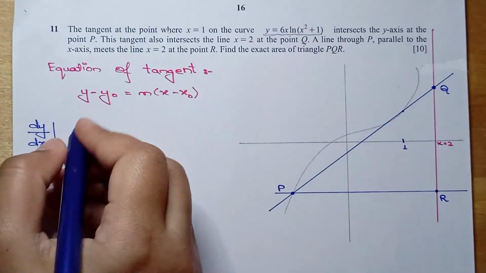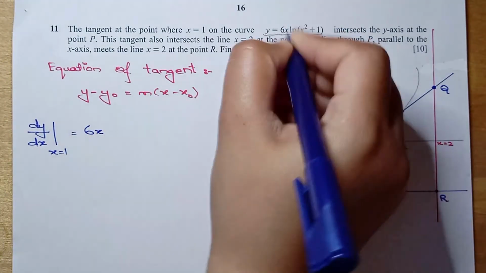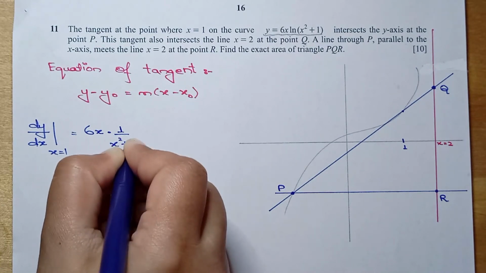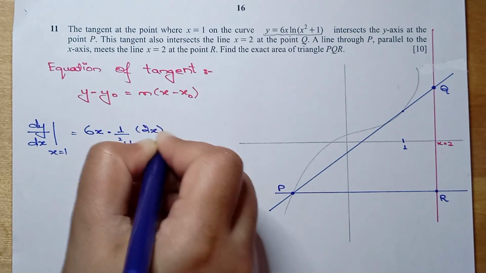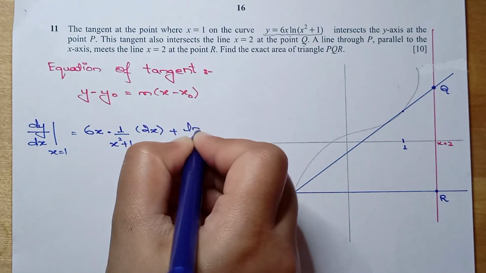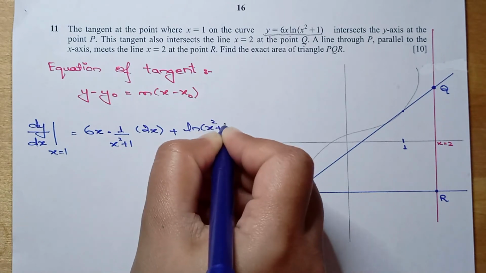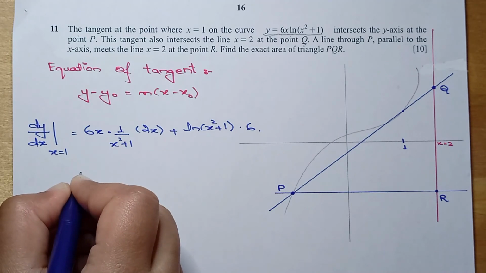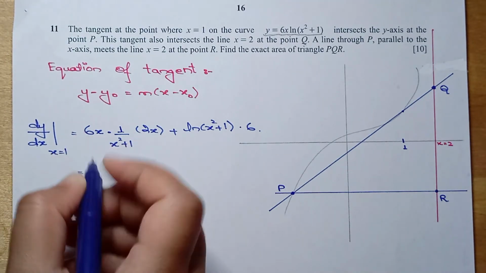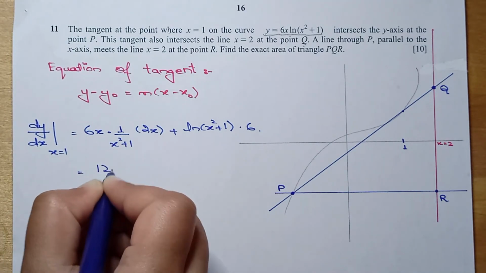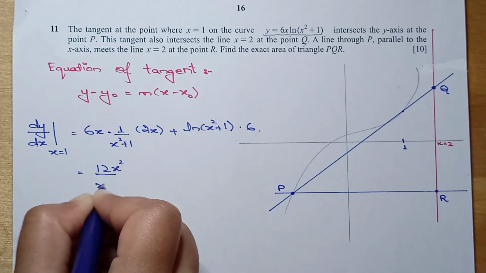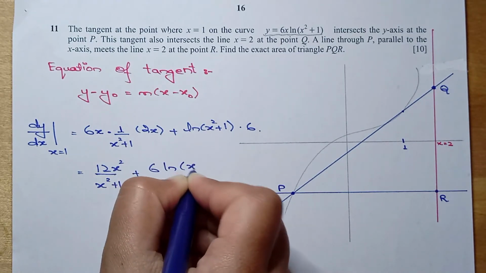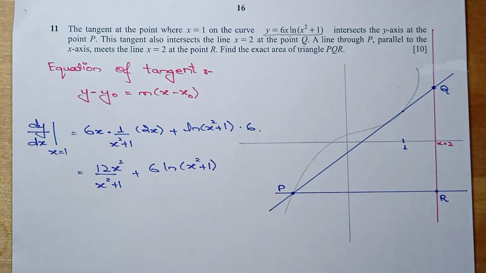So the first function as it is, the derivative of the second function is 1 over x squared plus 1 and its derivative is 2x, plus second function is as it is and the derivative of first function is just 6. Right, now we have 2 times 6 is 12 x squared over x squared plus 1 plus 6 ln x squared plus 1. Right, now this is a gradient.